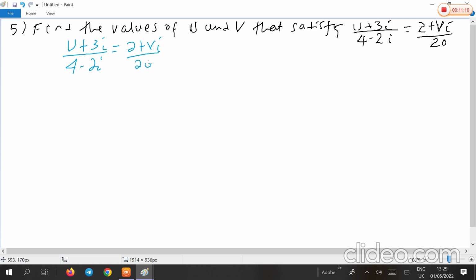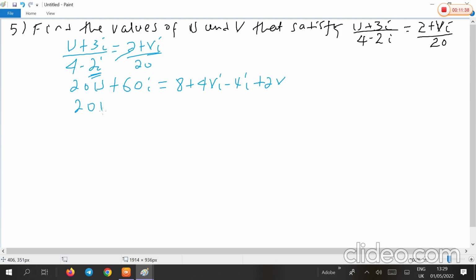Simply cross-multiplying, u times 20 is 20u, 3i times 20 is 60i, which equals 4 times 2 is 8, 4 times vi is 4vi. Then minus 2i times 2 is minus 4i, and minus 2i times vi is plus 2v, since i square is minus 1.